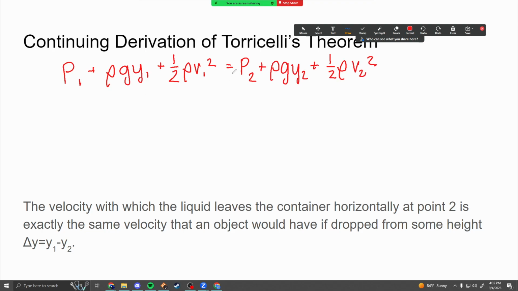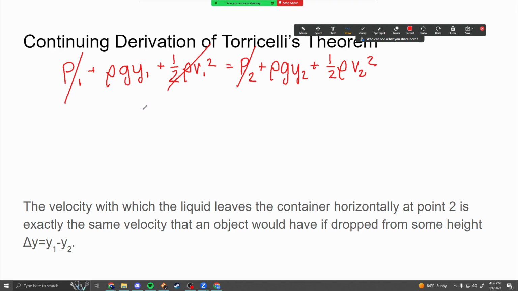Now, once again, things are going to cancel. We said that at the 2 points you had P1 and P2 are equal to each other because they're both exposed to the atmosphere. And then you have V1 is equal to 0 because the velocity of the water at the top as the water is being pushed out of the spigot is extremely slow, to the point that you can set V1 equal to 0.